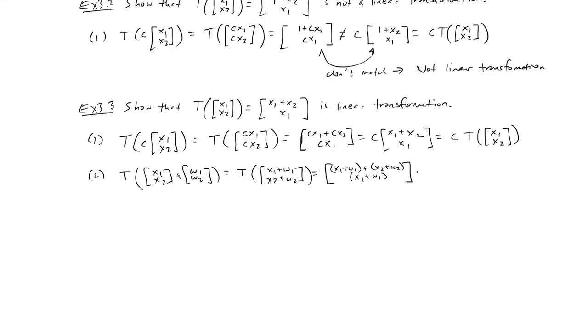And then if we write this as a sum of two vectors, we can collect all the x stuff in one vector. So this will be (x1 plus x2, x1), and (w1 plus w2, w1).